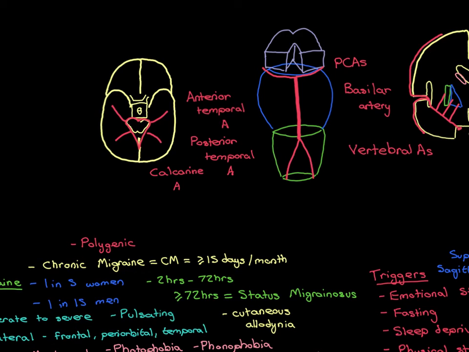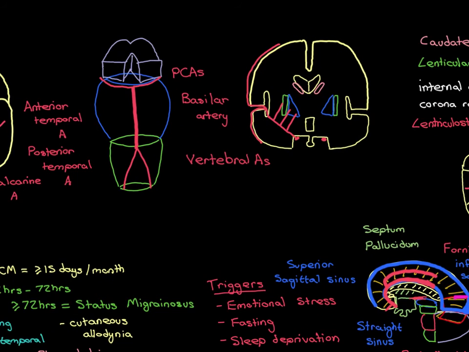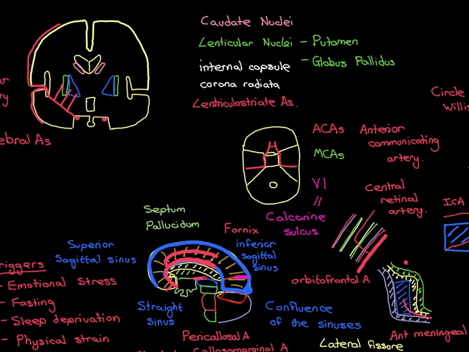Now, before we move on to discuss the cerebellar arteries, the superior cerebellar artery, the anterior inferior cerebellar artery, and the posterior inferior cerebellar arteries, let me discuss the circle of Willis, because we're now in a position to complete our discussion of the circle of Willis, because there is a connection between the posterior cerebral arteries and the internal carotid arteries.